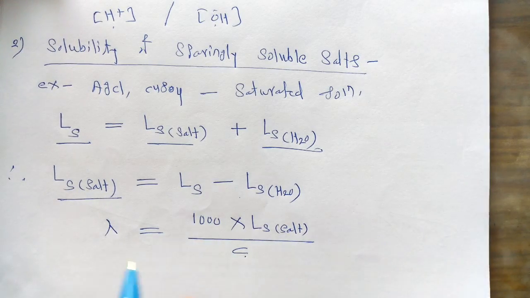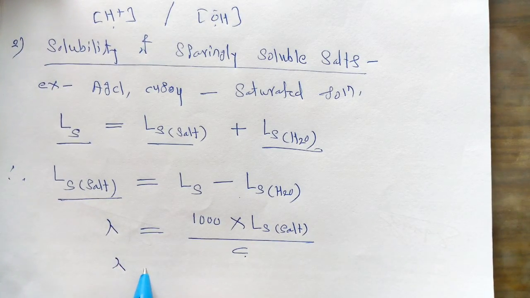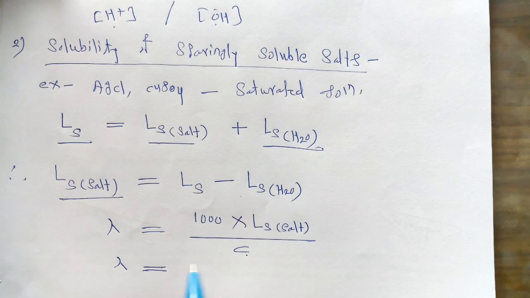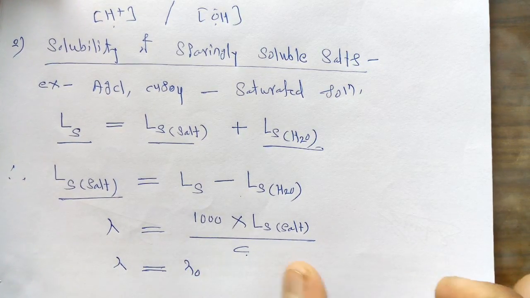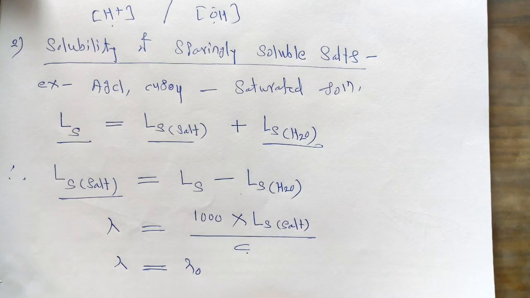We consider here its equivalent conductance, that is lambda, is equal to lambda 0. What is the meaning of this? We consider this salt as a sparingly soluble salt, so we can consider this solution is dilute up to such a limit.